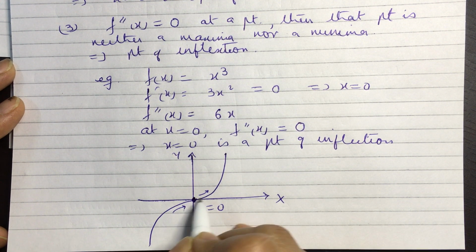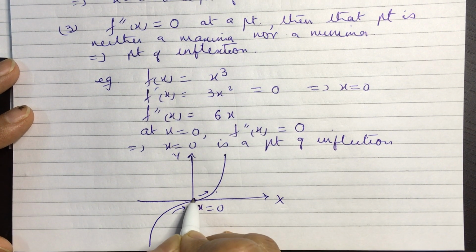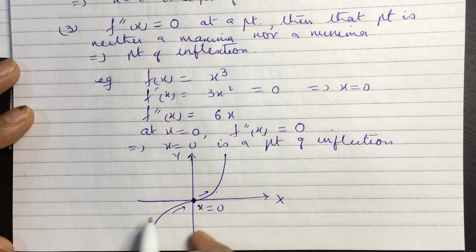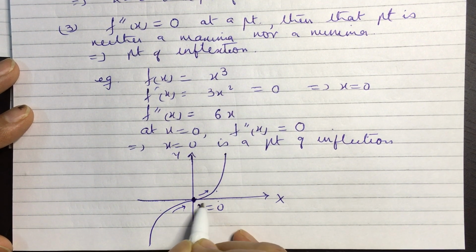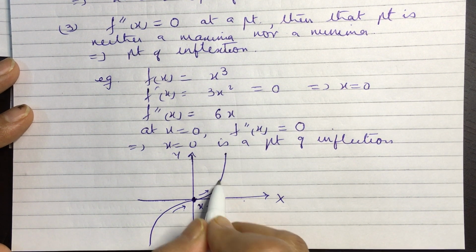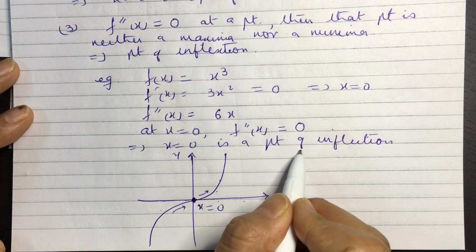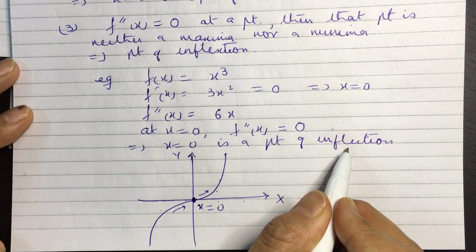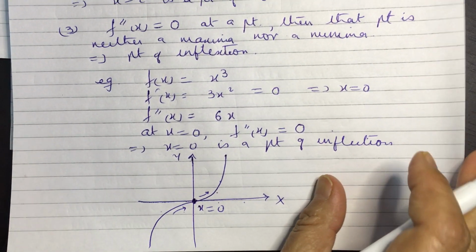So there is no change in direction as you move from left to right along the x axis, and so x equal to 0 is called a point of inflection.